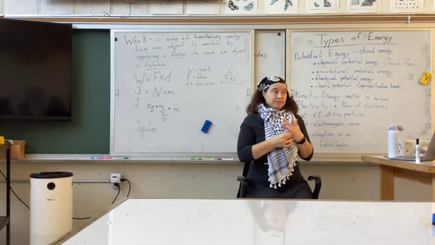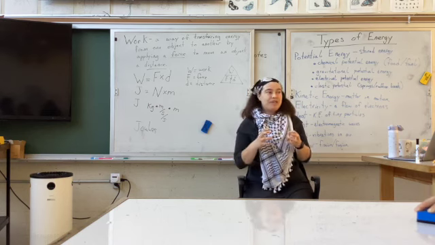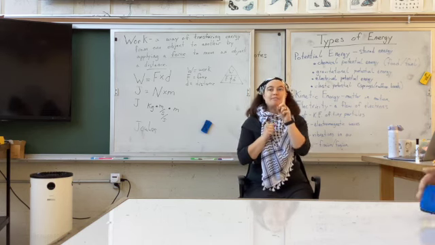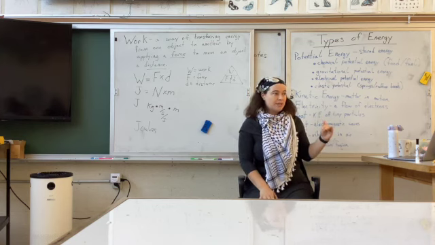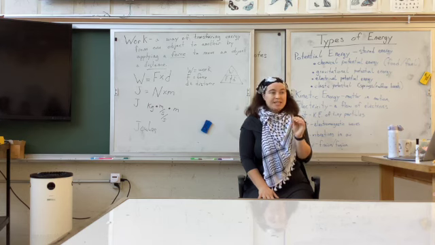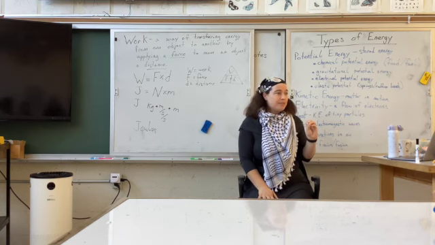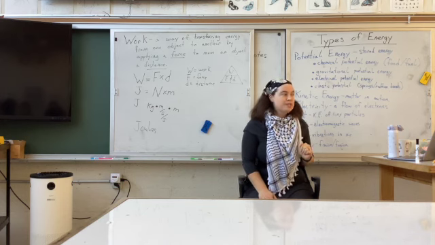Now, with that said, everyone has the same well of energy to work with. All of you have one mousetrap spring and nothing more to make your car go. So the big difference here is not how much energy you have, but rather how efficiently you can use this energy.